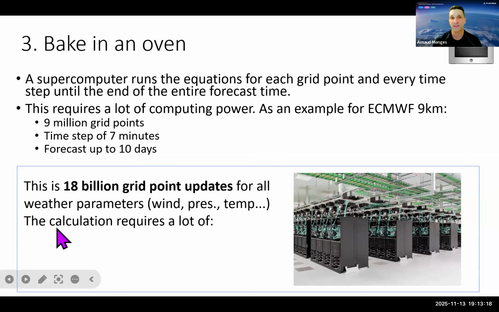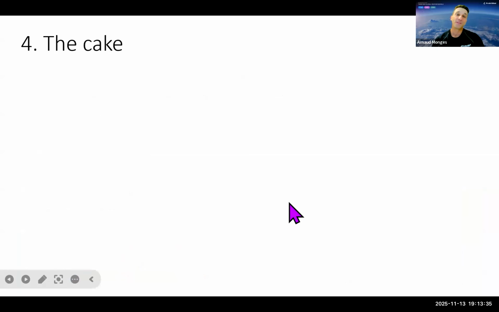So as you can realize, this type of calculation requires a lot of time. It takes about 1 or 2 hours to calculate. You require a lot of electricity, a lot of energy, and of course, it costs a lot of money to run this. So finally, after all of this, you've got the cake.